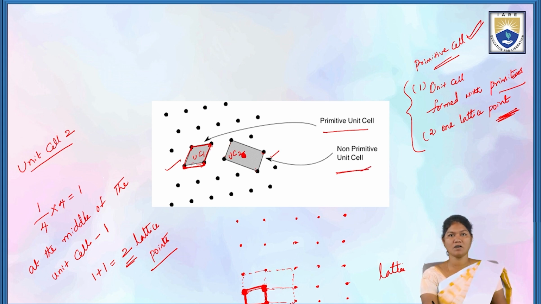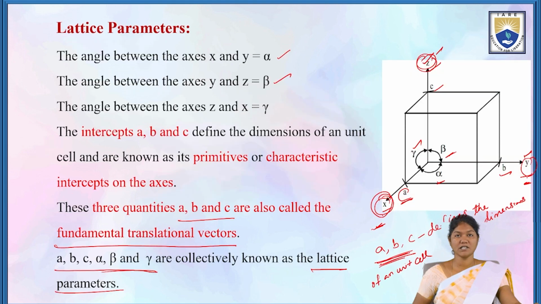It is non-primitive. So in this session, we have seen about the unit cell, what the interfacial angles are, what the crystallographic axes are, and what the lattice parameters are.